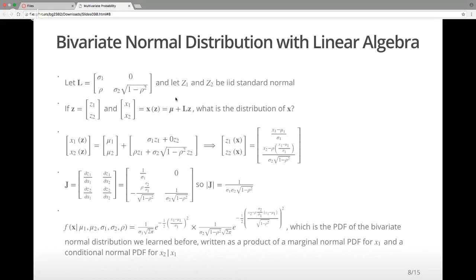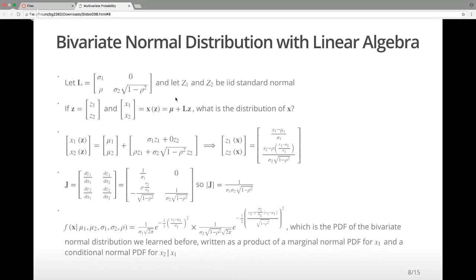And so if we then evaluate the PDF of x, x1 and x2, given all these things, we take the PDF of two independent standard normals, which are z, insert z written as a function of x, and multiply by this determinant of the Jacobian matrix. And so we stick in z as a function of x here.